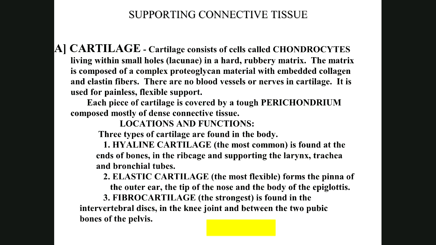Fibrocartilage is the strongest kind, with lots and lots of collagen. They're the ones found in the discs between your vertebrae. The last thing you want is those vertebrae to touch each other, because, if you don't know it, bones feel pain. Just hit yourself with a hammer somewhere on your head or on your shin, and you'll find that out pretty quickly.